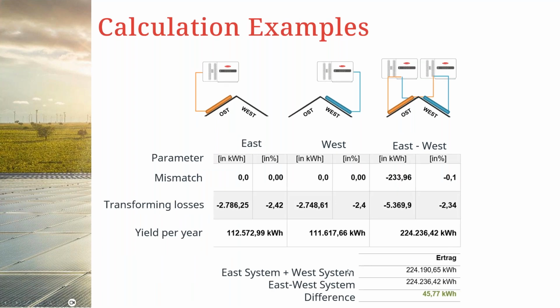So for the east and west orientation, we have the respective yields per year.